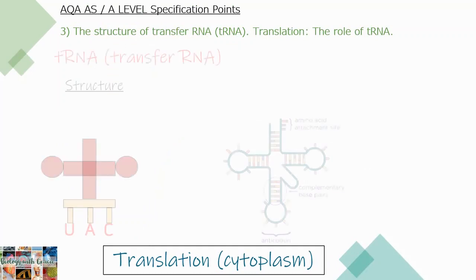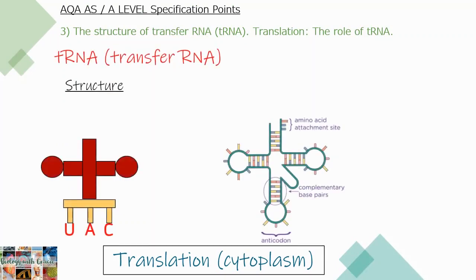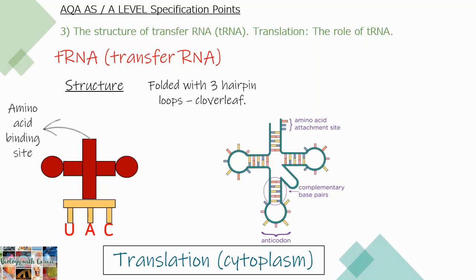So tRNA has an important structure and an important role. It is a folded structure with three hairpin loops, so it almost looks like a clover leaf structure. It also has an amino acid binding site at the top of one of these loops, and it has an anticodon at the bottom.